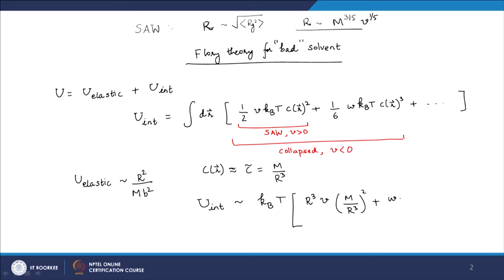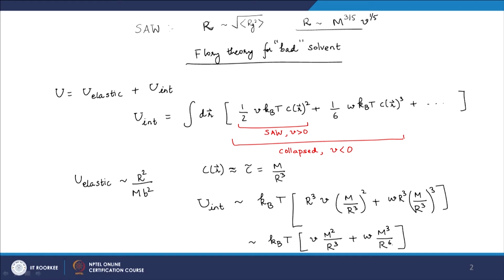c cubed. So, first we have r cube from the integration of dr, and then m by r cube to the power 3, and so we get a term which has to be added with the elastic energy term.